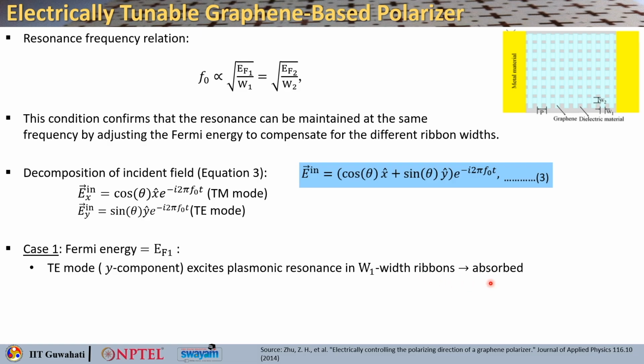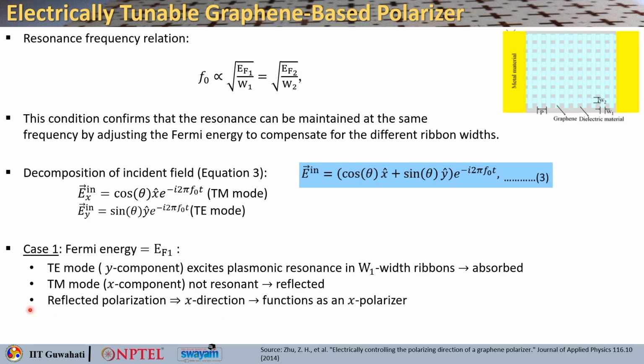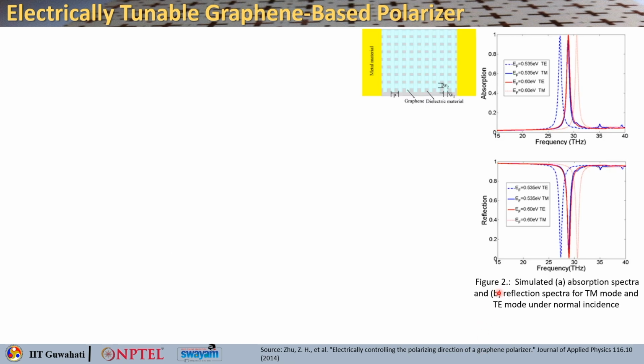So the energy will get absorbed, and the TM mode, which is the X component, will not show the resonance. In that case the incident beam will be reflected, so the reflected polarization is coming from the X direction. So the structure functions as an X polarizer.